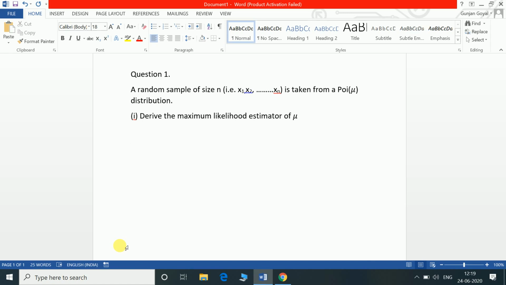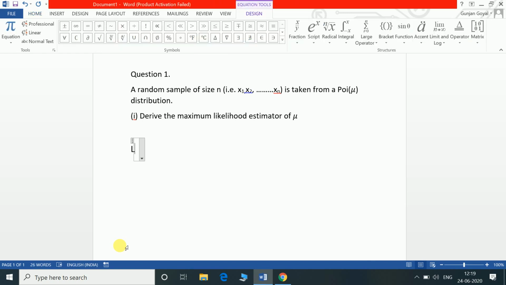So first we'll write the likelihood function. The likelihood function is L, which we write, and then I insert an Alt equal to write my equation, put a bracket, backslash mu and a space. This will convert it to mu. Then I continue writing equal to, and then I'll write backslash prod.